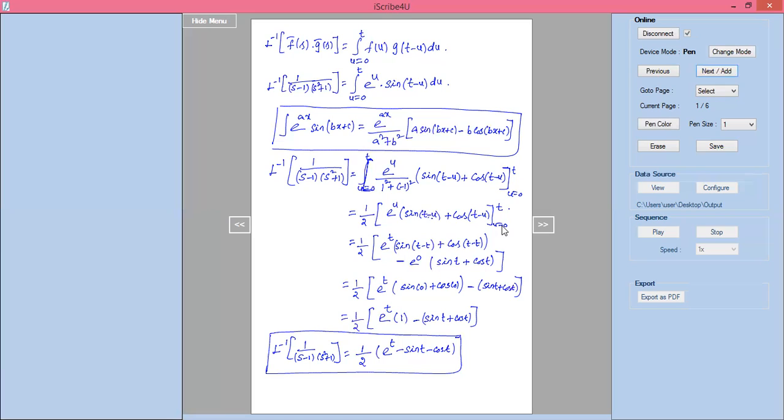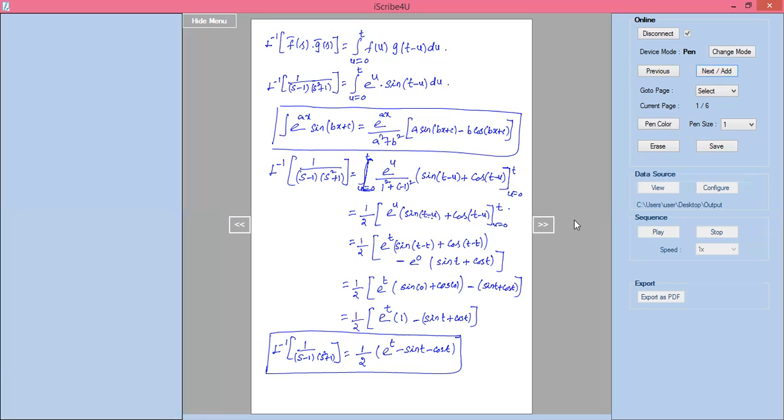If there is a product of 2 functions, we can split it into one as f bar of s and another as g bar of s. Find f of t and g of t, then find f of u, g of t minus u, and then simplify it. Using this, in the same way, you can solve some problems.